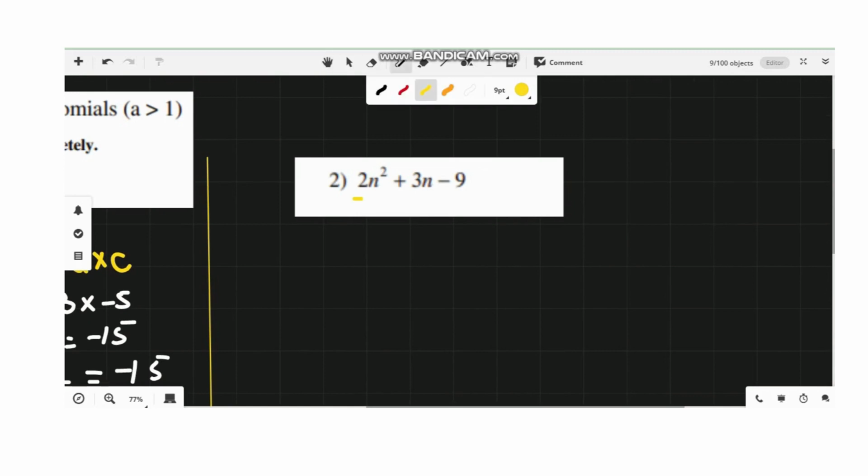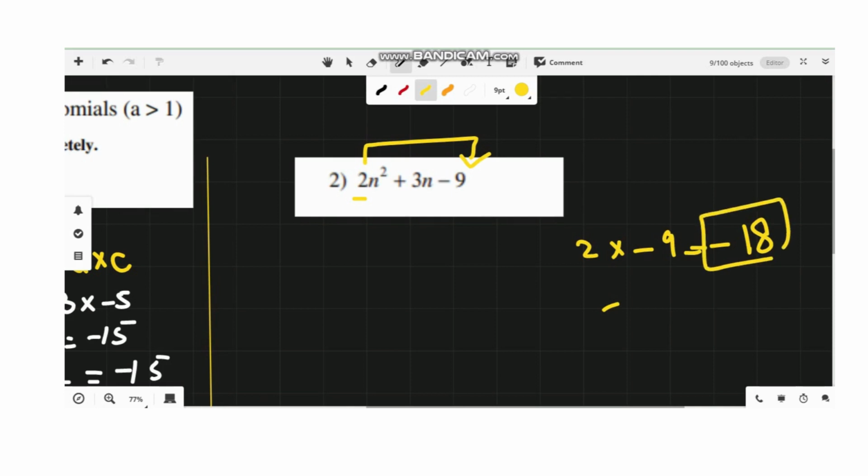So again the a value is more than 1, so you're going to multiply the 2 with -9. So 2 times -9 equals -18. So we need two numbers. When you take the product of them, that will give you -18, and when you add or subtract, that will give you +3. We need to figure out the two numbers.